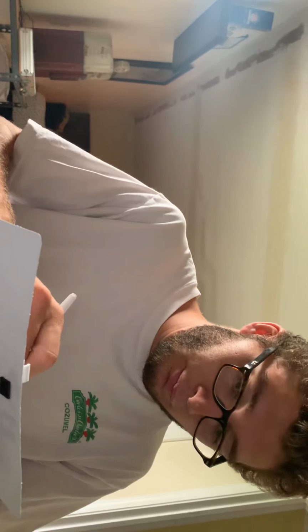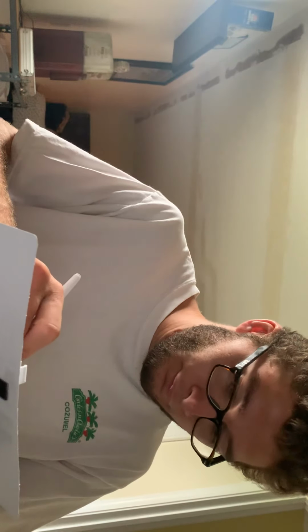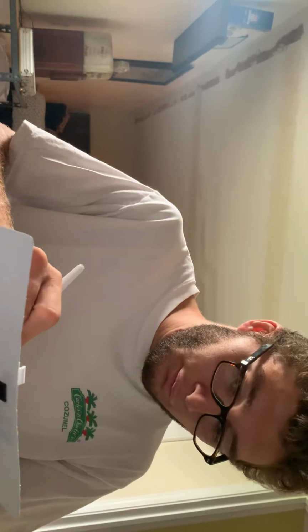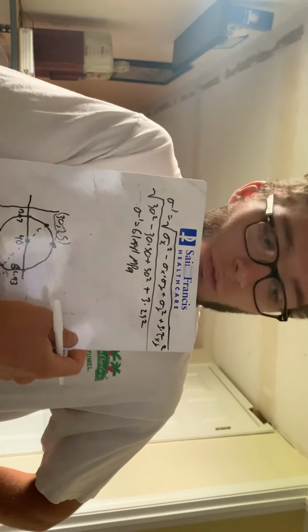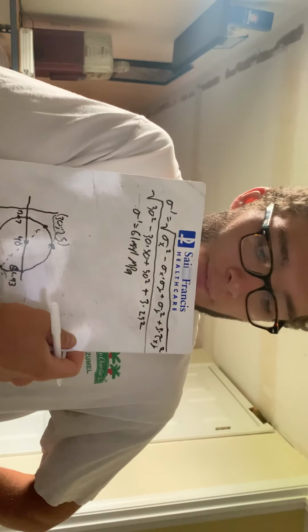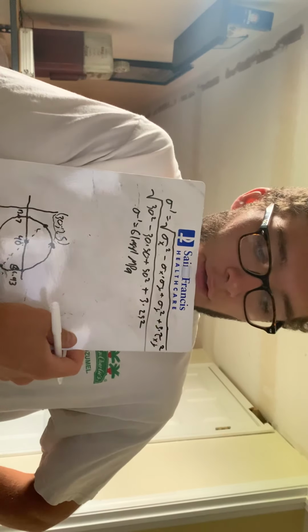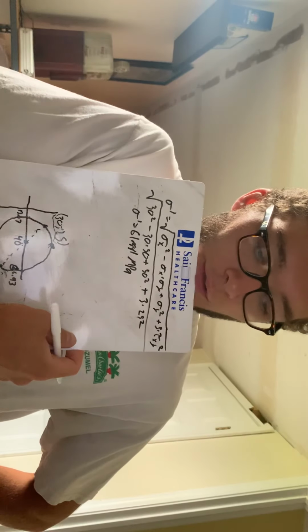And that would end up giving us 61.441 MPa. And this is our von Mises criteria. So this is one of the 2 ways we can calculate safety factors. We got the von Mises and we got the distortion energy.